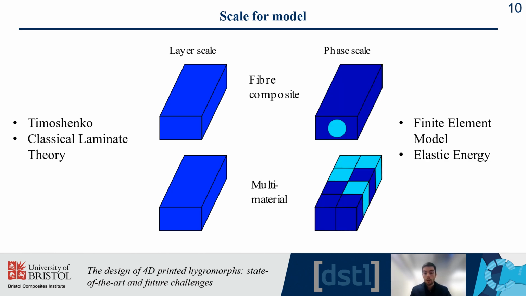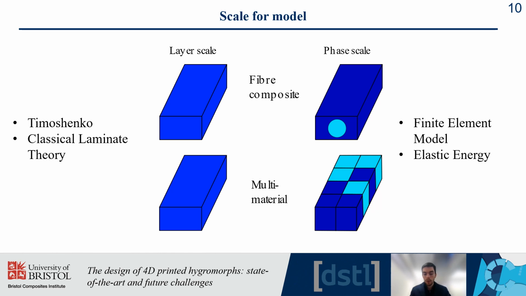The other scale is called the phase scale, which is often connected with finite element models and elastic energy based models. This distinguishes the different materials that we are using as composite materials. In terms of fiber composites, so short or long fiber composites, it will usually be an orthotropic filament scale deformation model which is being implemented.